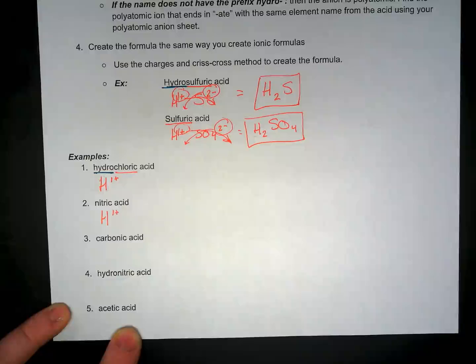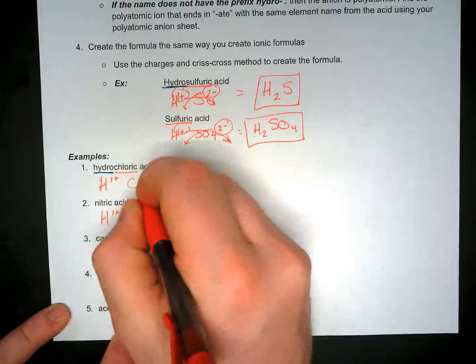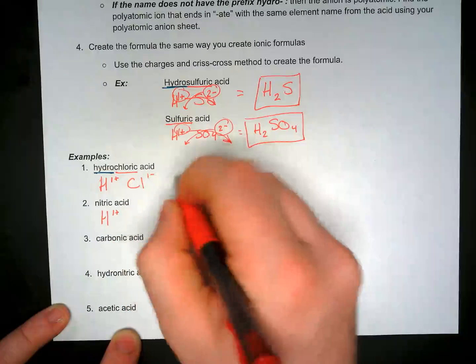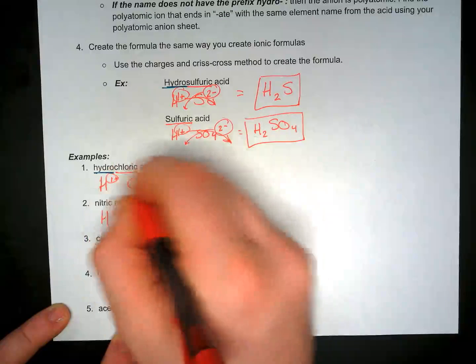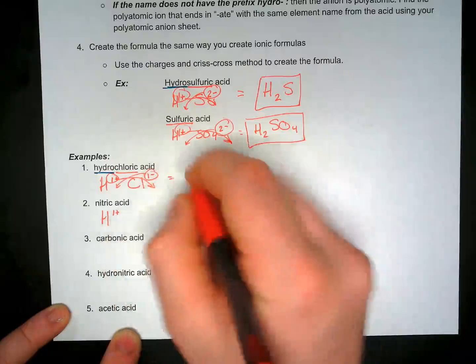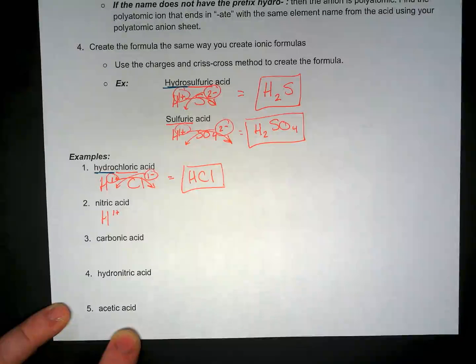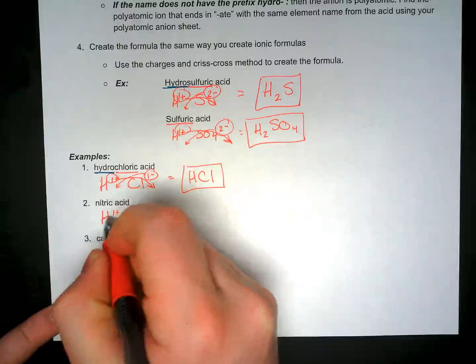Well, what does chloric sound like? That sounds to me like chlorine. So I'm going to write down chlorine. I'm going to look up to see what chlorine is, and it looks like it's a 1 negative. I'm going to crisscross, and what I'm left with is HCl, hydrochloric acid.